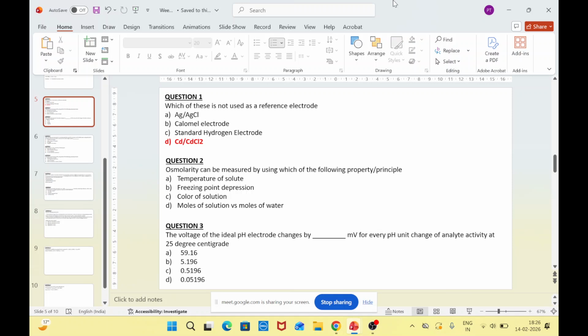Osmolarity is basically the number of solute particles that contribute to the osmotic pressure in the solution, for 1 liter of solution.